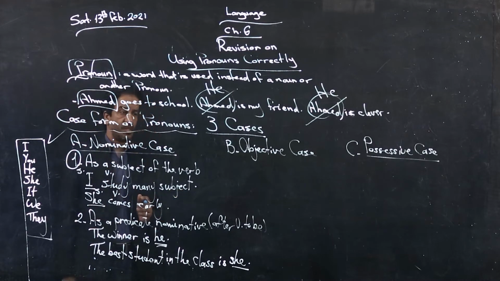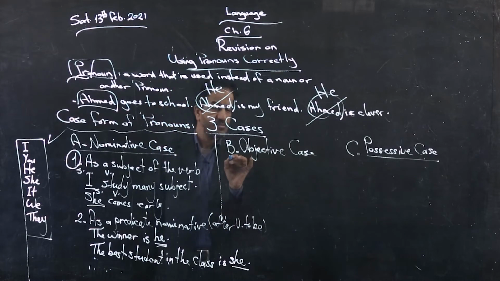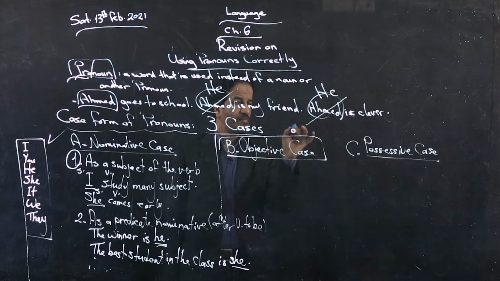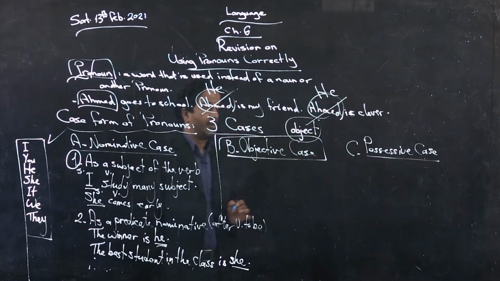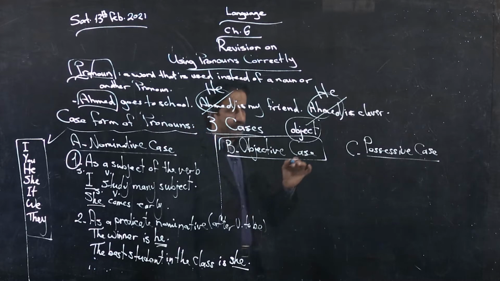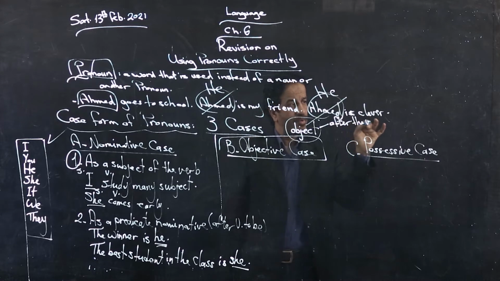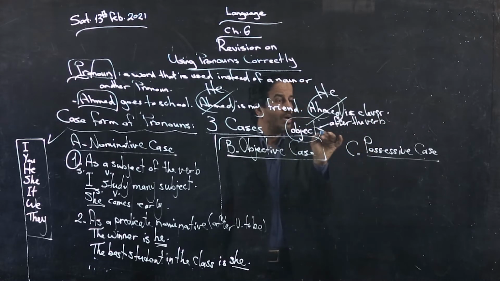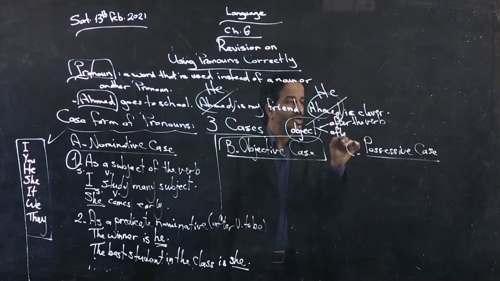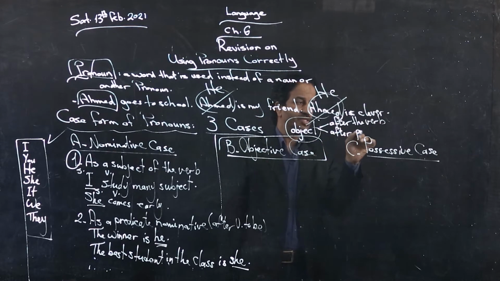Come to the second case, objective case. The word objective means object. The object comes after the verb, or an object of a preposition, after prepositions in general.